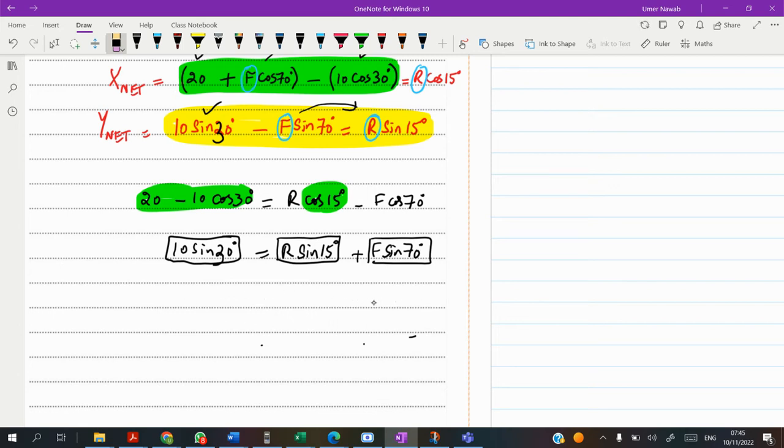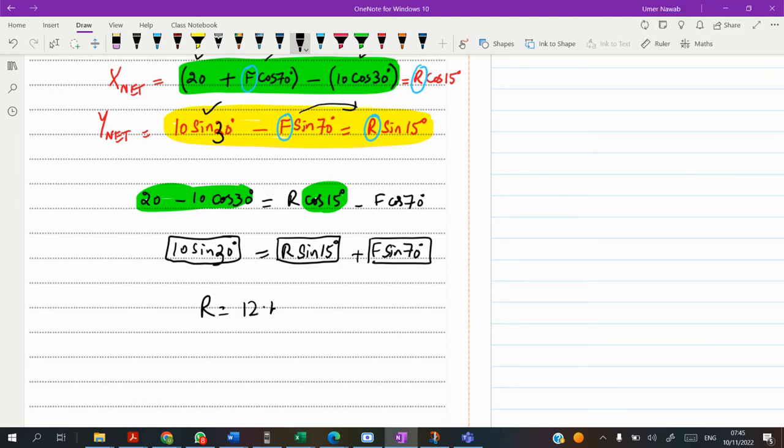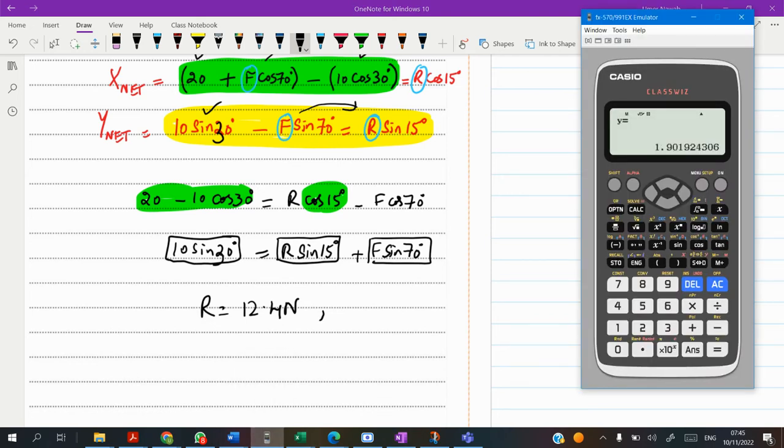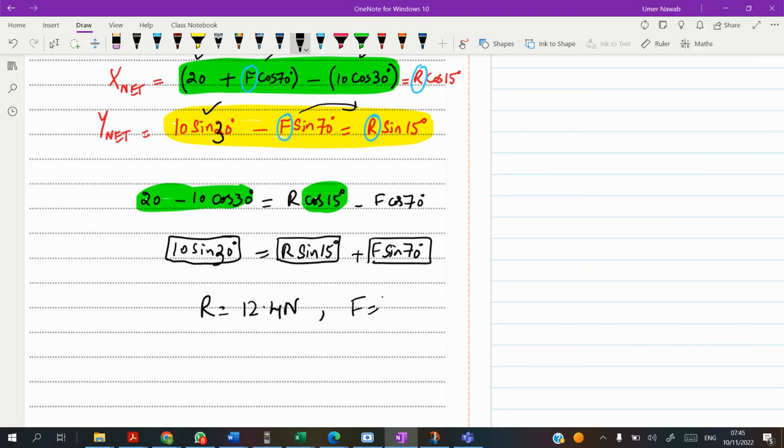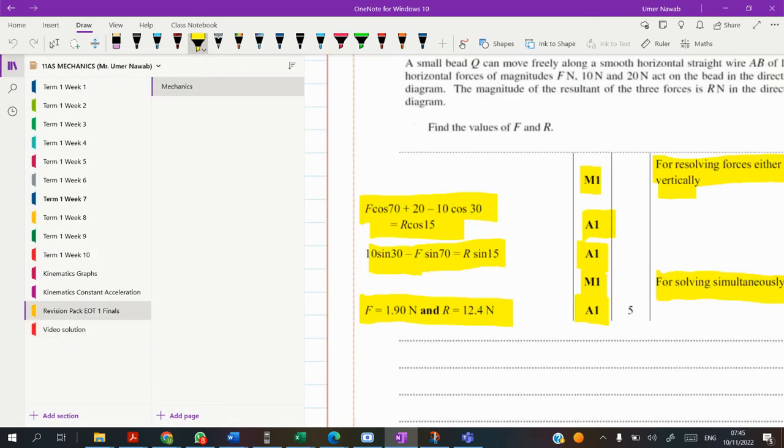The value of R comes to us 12.4 newtons, and the value of F is 1.9. Thank God. This is the final answer, and it is matching with the marking scheme: 1.9 and 12.4.